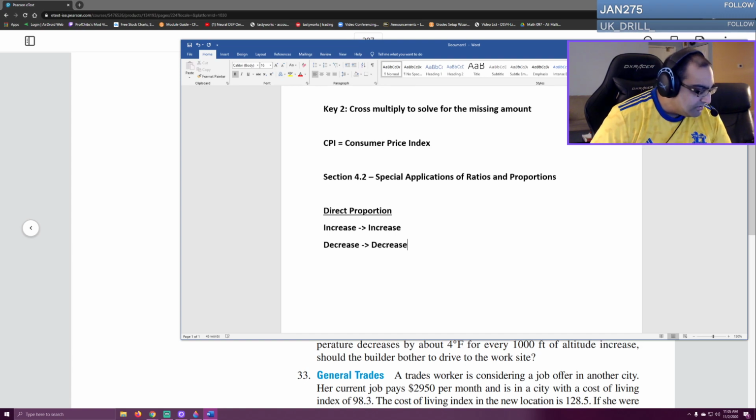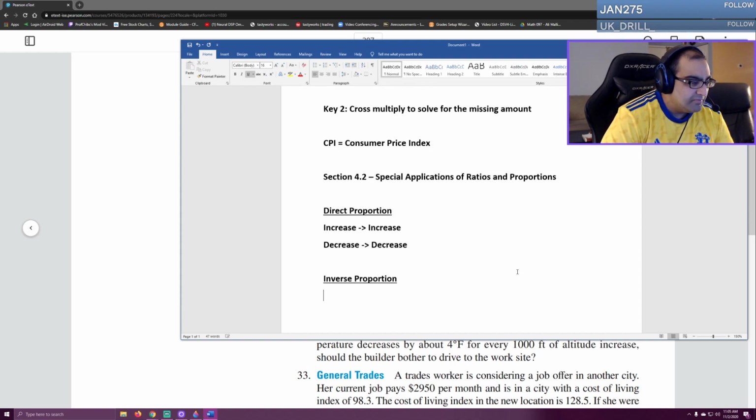Now, the other type of proportion that we're going to encounter in this section is an inverse proportion. An inverse proportion works exactly the opposite. If we increase a particular value, then the result will decrease instead.